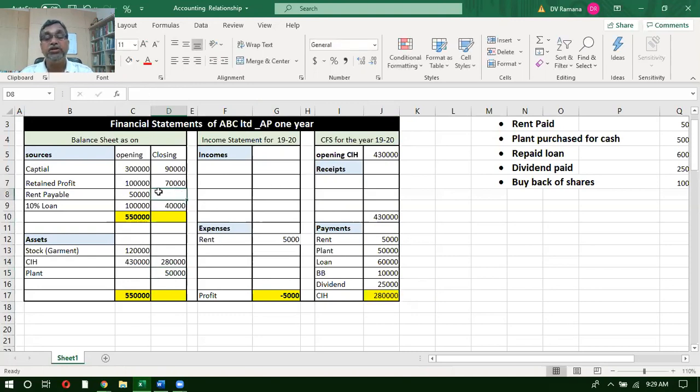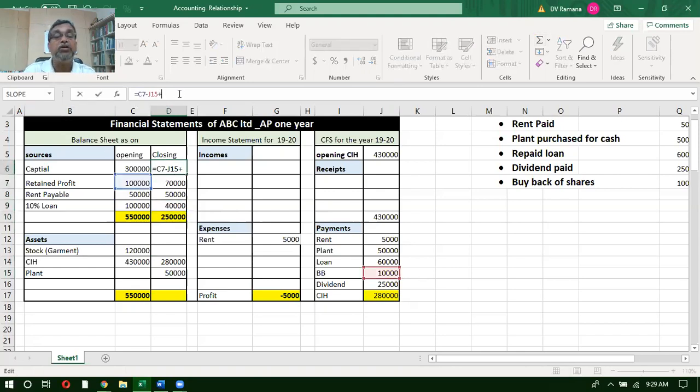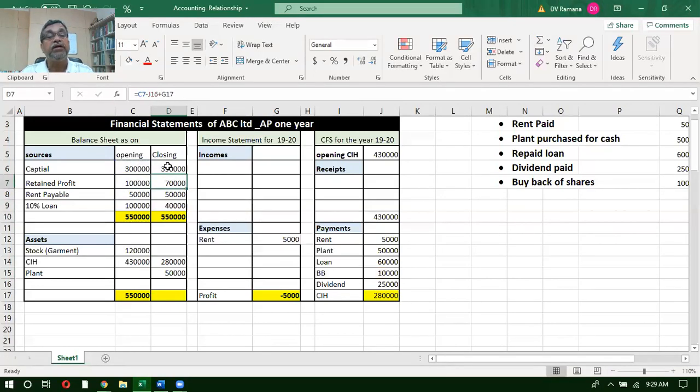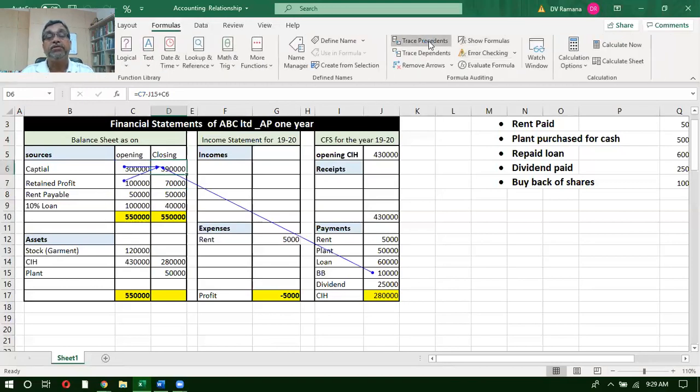So no change in the rent payable. The sources side of the balance sheet will be 290, as the original capital stays.